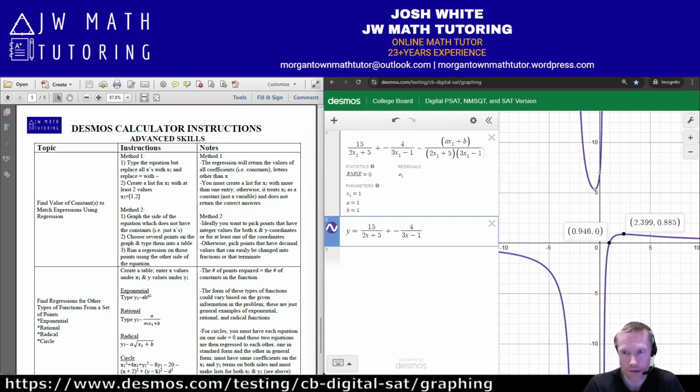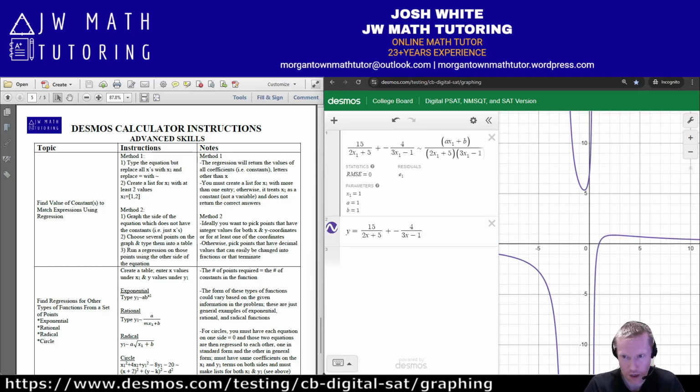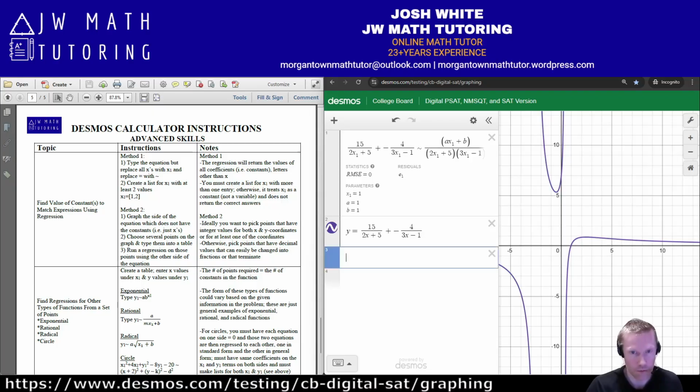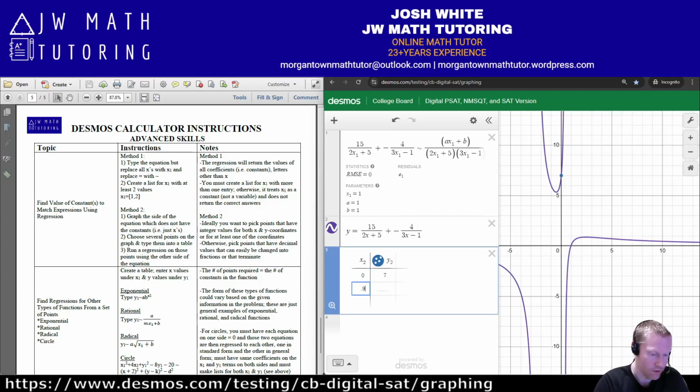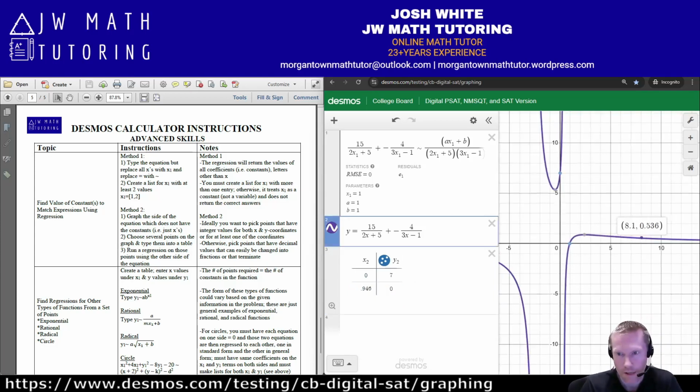So I'm going to pick some points here. It's generally best if you can pick integer values to use for your points. So 0, 7, that one had nice integer values. Maybe I'll try this one, 9.9460. There's at least an integer value for the y.